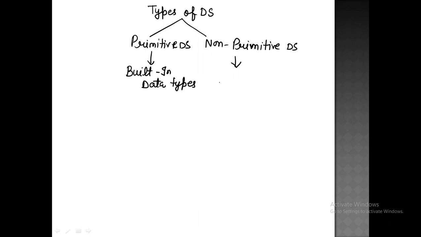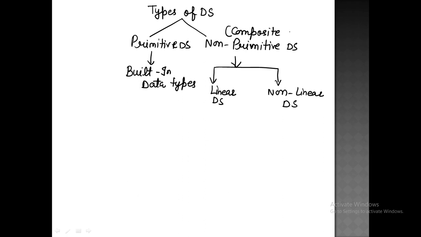Non-primitive data structure includes two further types. First, linear data structure. Second, non-linear data structure. And non-primitive data structure is also known as composite data structure.